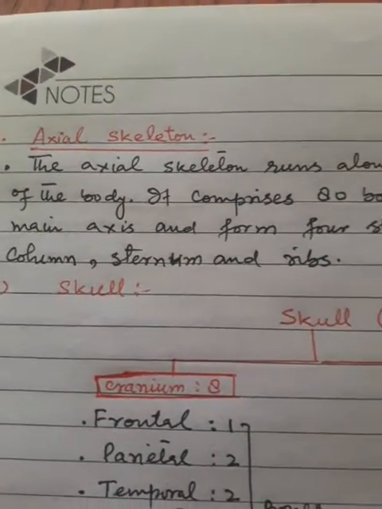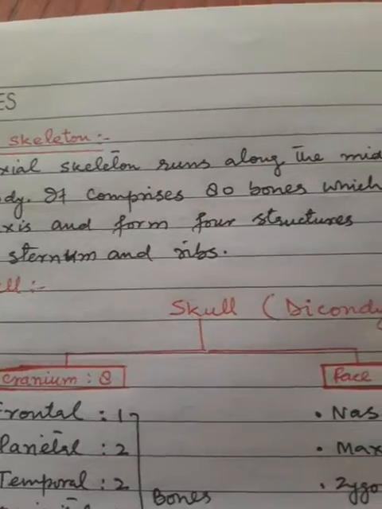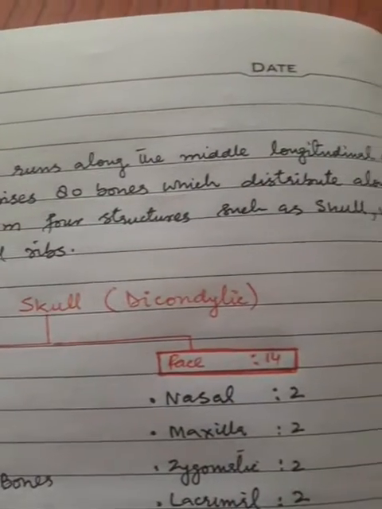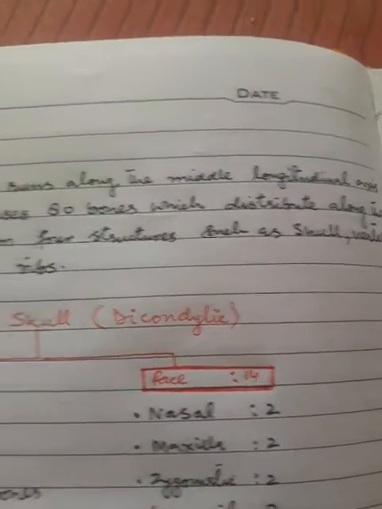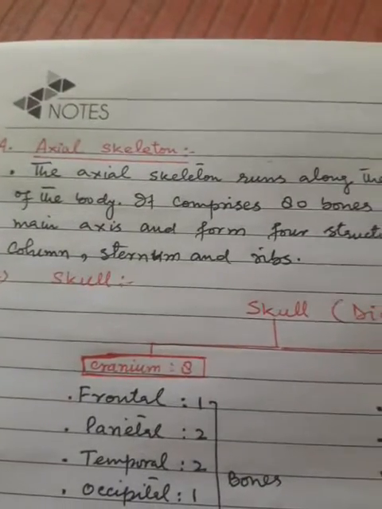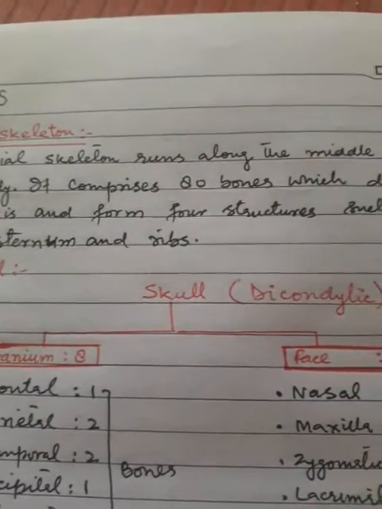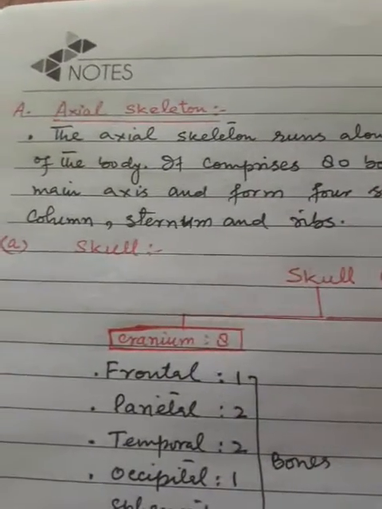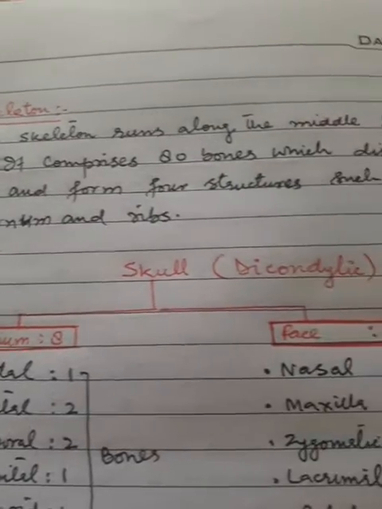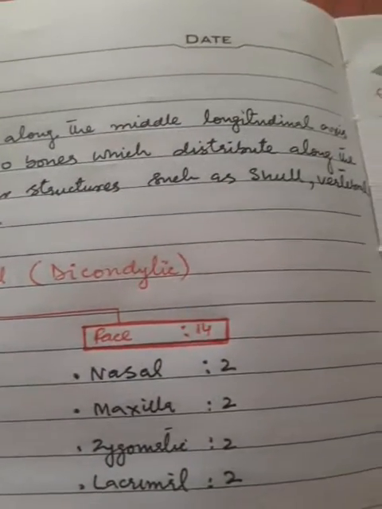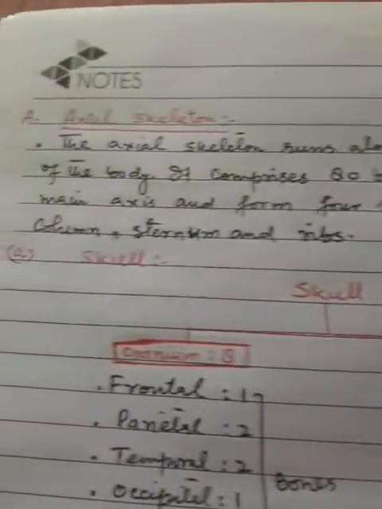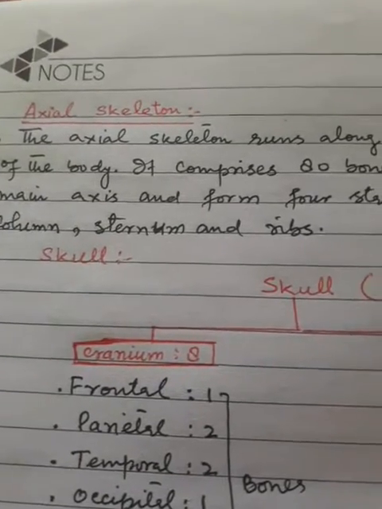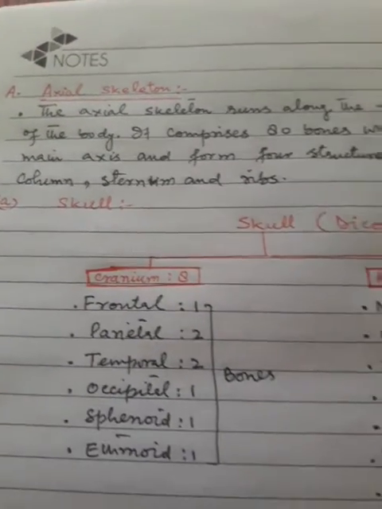Axial skeleton. The axial skeleton runs along the middle longitudinal axis of the body. It comprises 80 bones which are distributed along the main axis and form 4 structures: skull, vertebral column, sternum and ribs. Skull.